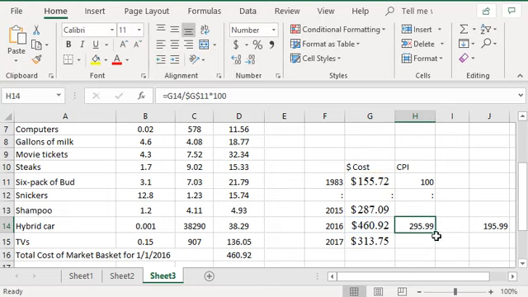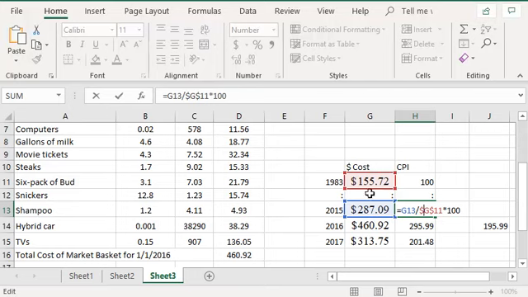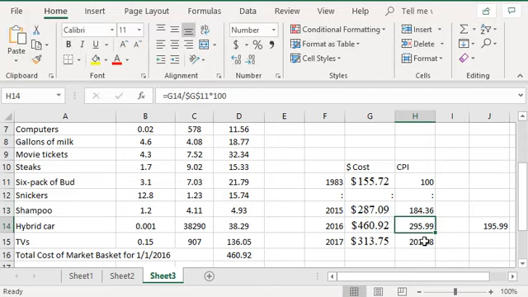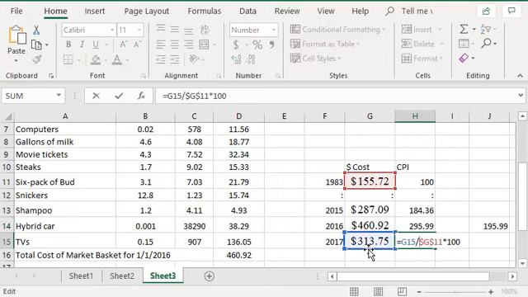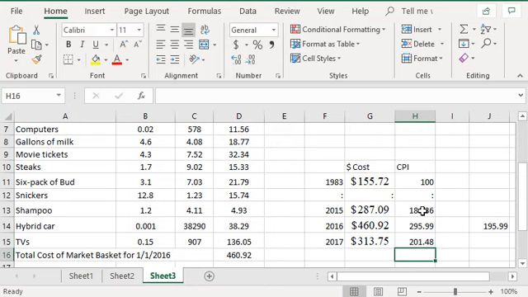So if I just pull this down and then pull it up, I get the CPIs for 2015. Again, it's the dollar cost in 2015 divided by the dollar cost in 1983. And I get the CPI in 2017. The dollar cost of the basket in 2017 divided by the dollar cost of the base year, 1983. And then we multiply by 100.